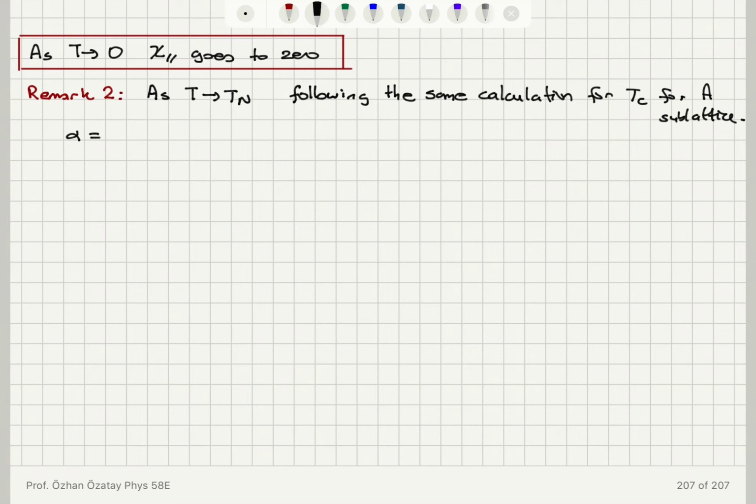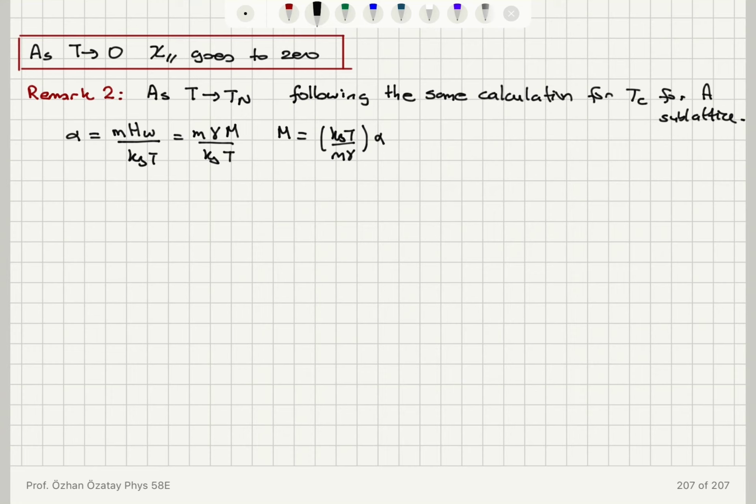Alpha is equal to m times the molecular field acting on the A sublattice divided by kBT, which is going to be m gamma M divided by kBT. So this will give me M is equal to kBT over m gamma times alpha.